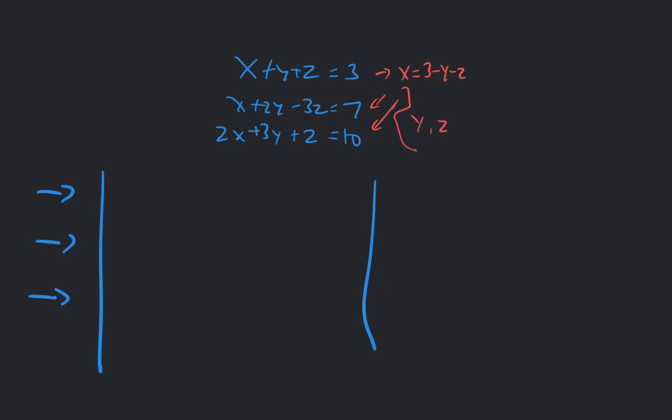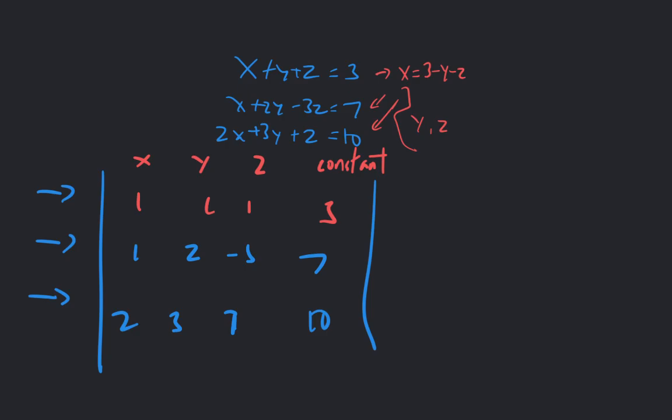So we would have a column for x, a column for y, a column for z, and then a column for the constant, what it's equal to. So this would be 1, 1, 1, 3, and then 1, 2, negative 3, 7, 2, 3, 1, 10.